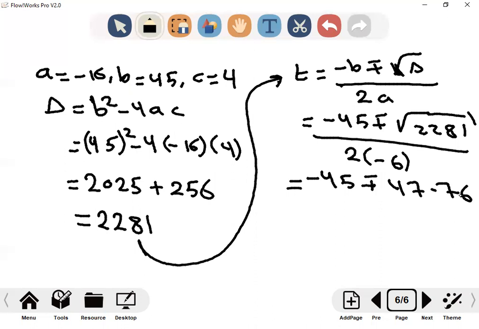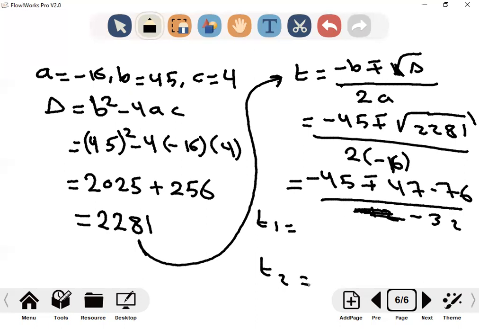Right? Divided by negative, sorry, negative 32. Now you have two solutions, so you have t1 and you have t2.